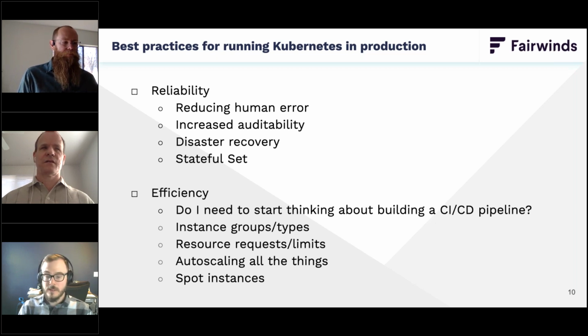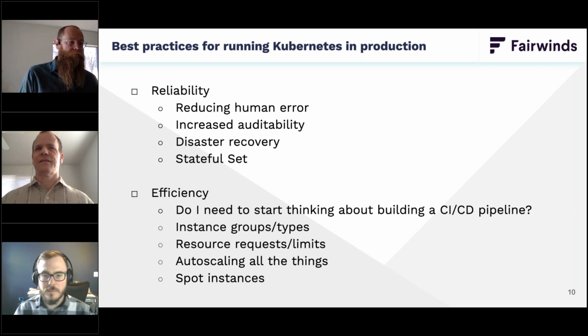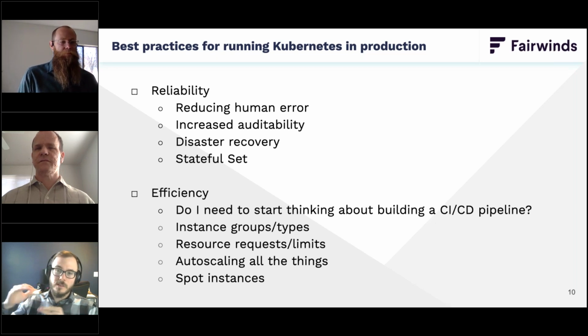Another open source tool we have is Goldilocks, and it provides a nice, pretty front end for you to see your workloads and what you've set as your requests and limits. It watches them over time using a built-in Kubernetes concept called a vertical pod autoscaler. It receives metrics and says, maybe you should adjust your requests and limits to this value, and you'll be a little more efficient in your cluster.